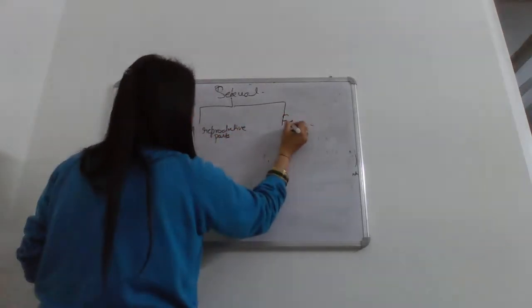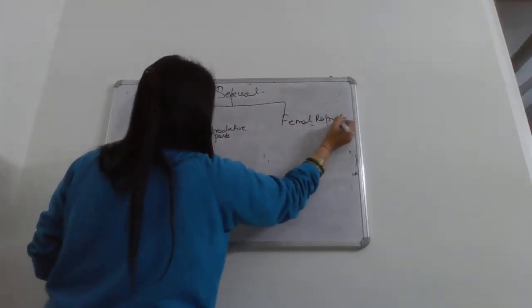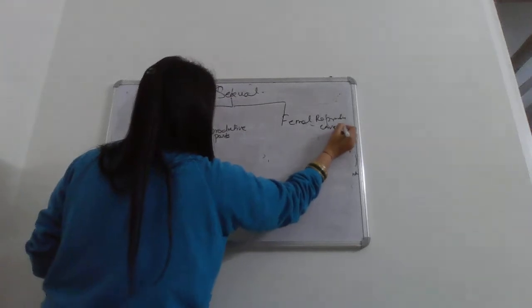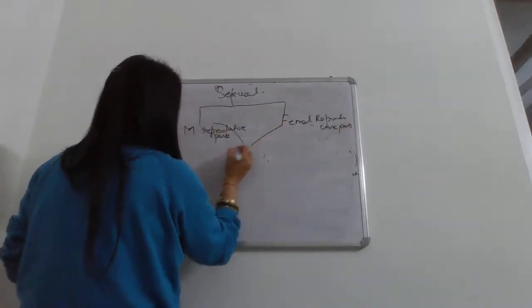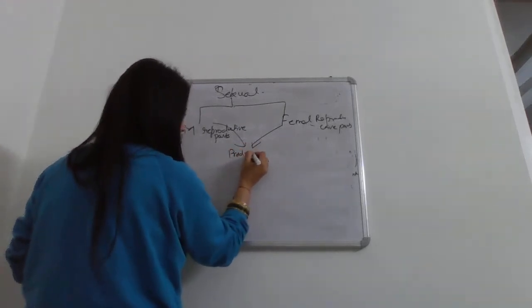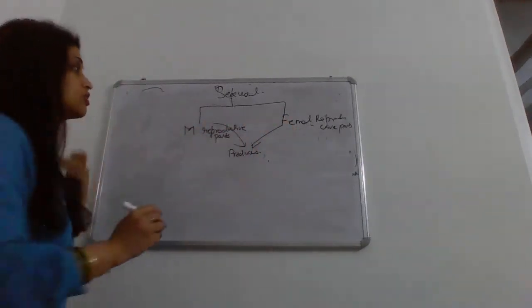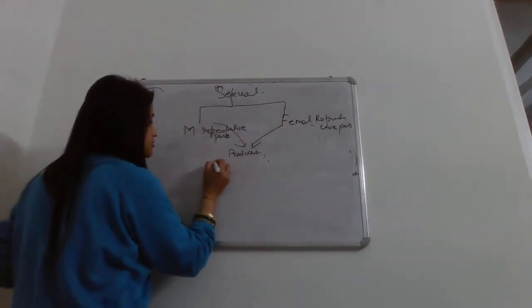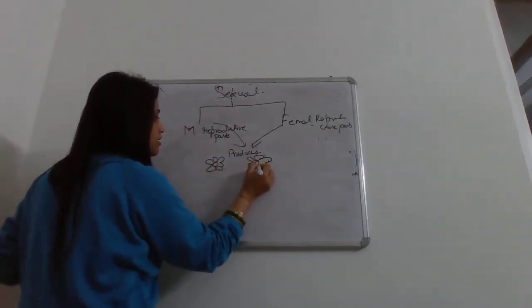Here you have female reproductive parts. Individually, these two reproductive parts produce gametes. Okay, there is a gamete of male and female.